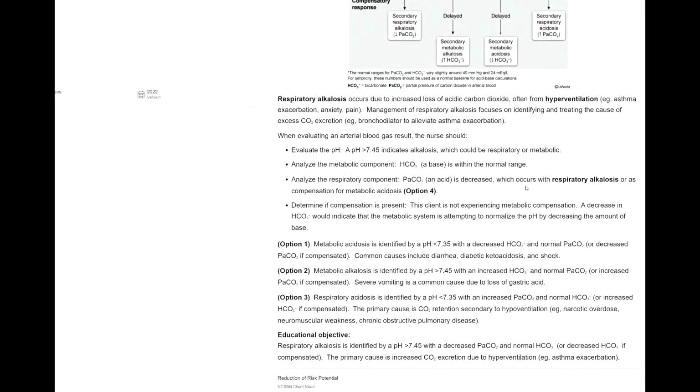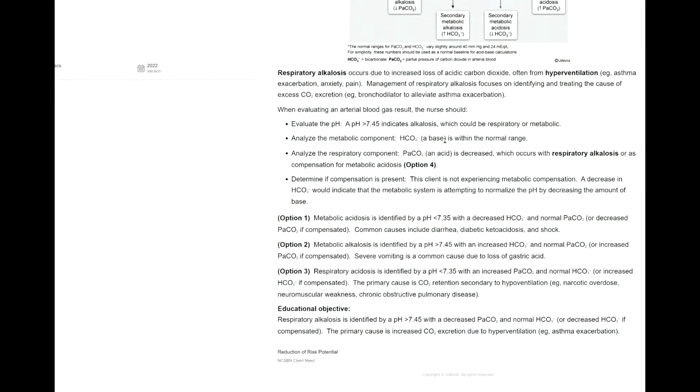So going through our options here, going through the rationale and the steps of it, we want to evaluate our pH first, which here we see the pH greater than 7.45 indicates alkalosis. And then we look at our metabolic component. The bicarbonate, which is a base, is within normal range, so we know it's not metabolic.